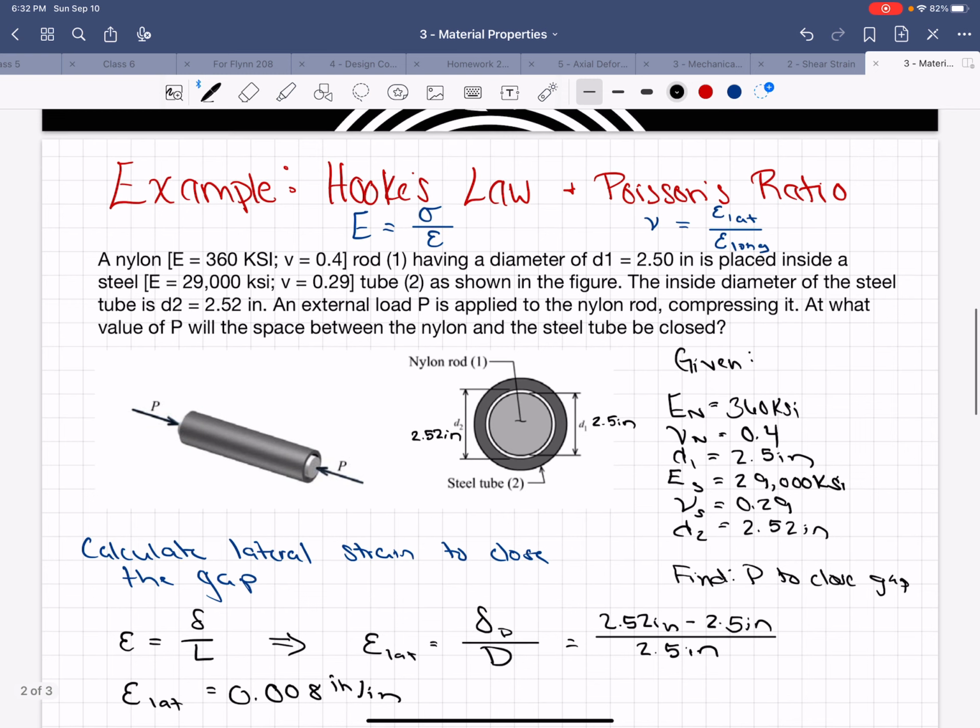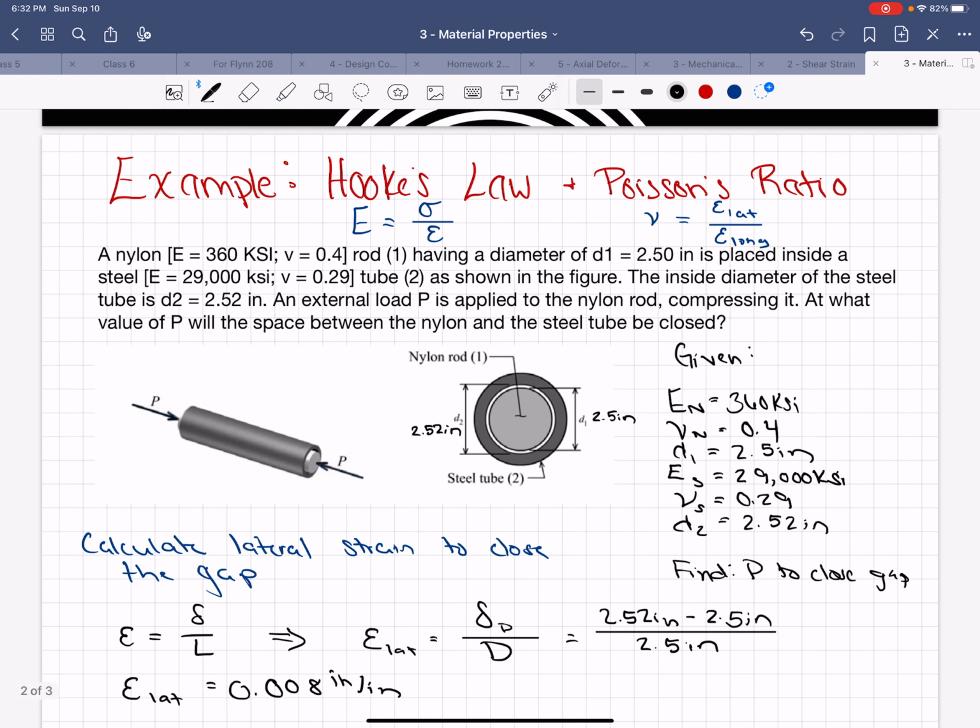Okay, so now we have a lateral strain. And we know the Poisson's ratio, so we can calculate the longitudinal strain. We need the Poisson's ratio of the nylon because that's the material that is changing right now. The steel, we don't actually need to know anything about because we're not doing anything to the steel.